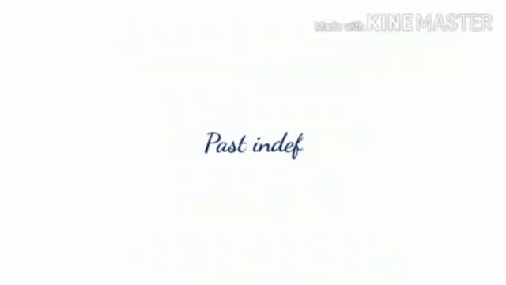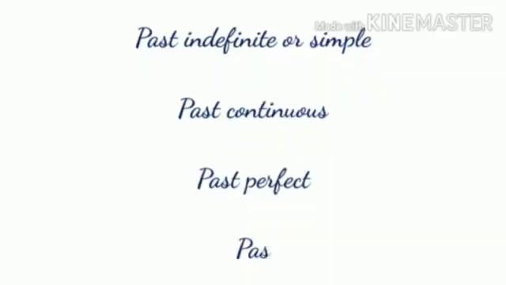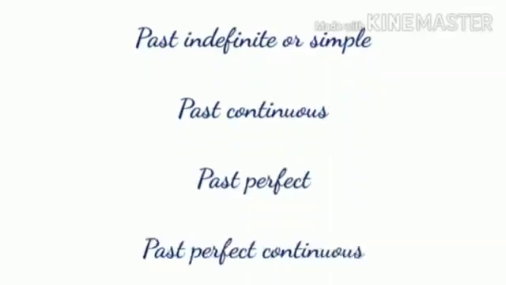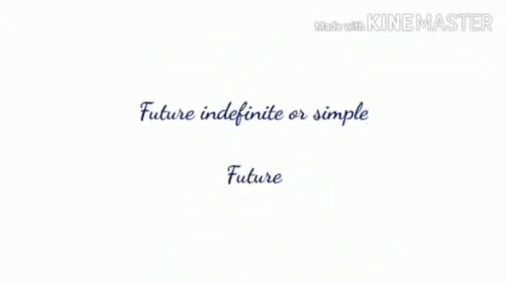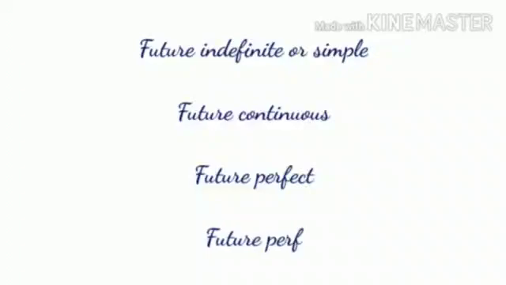In past tense we have past indefinite or simple, past continuous, past perfect, and past perfect continuous. And in future tense we have future indefinite or simple, future continuous, future perfect, and future perfect continuous.